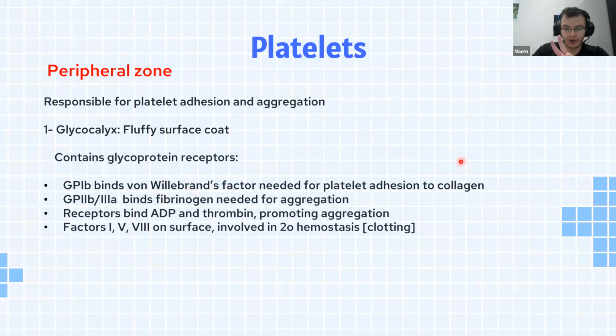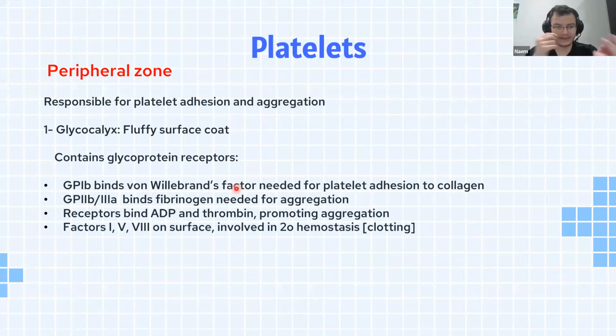It's found on the collagen of the basement membrane. So what will this lead to? When something on the platelet binds to something on the vessel, what is this mechanism? Adhesion. So the first molecule on the platelets that leads to adhesion is glycoprotein 1b. Basically, these two molecules binding to each other leads to adhesion.